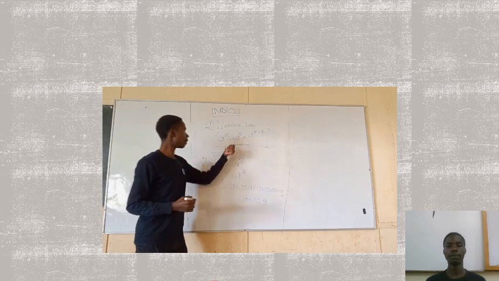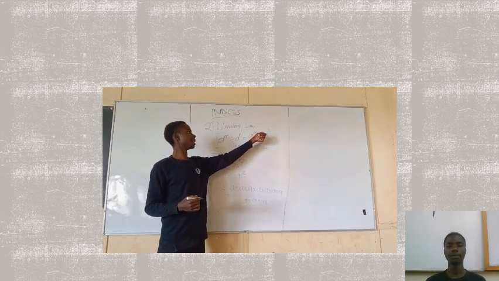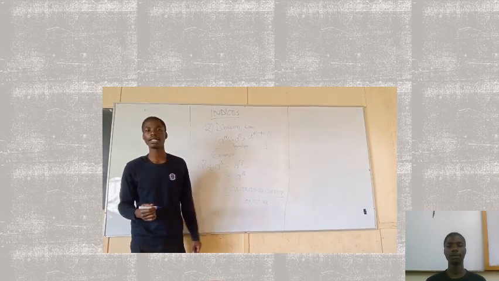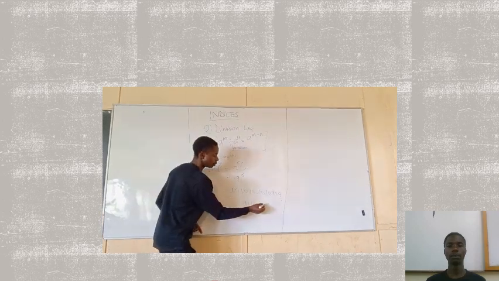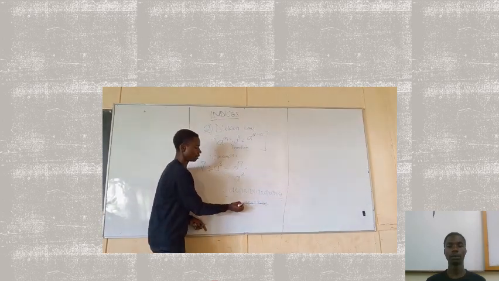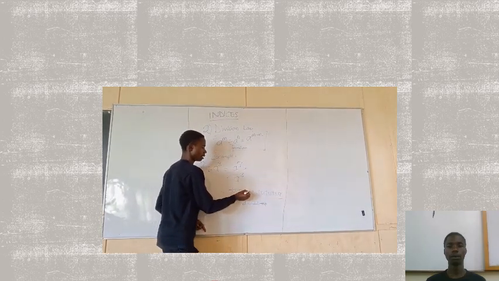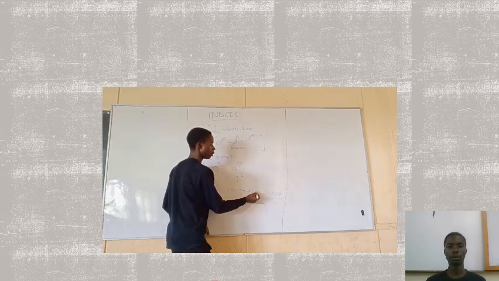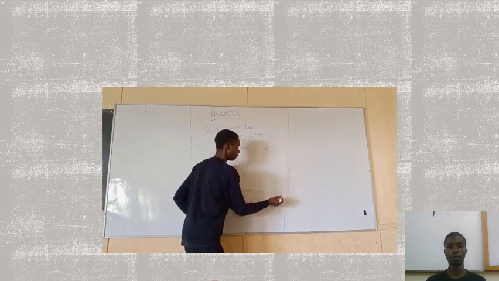Now, using our law, m minus n, let's see if we will get the same answer. When you cancel 3, 3, how many a's are remaining? 1, 2, 3, 4.